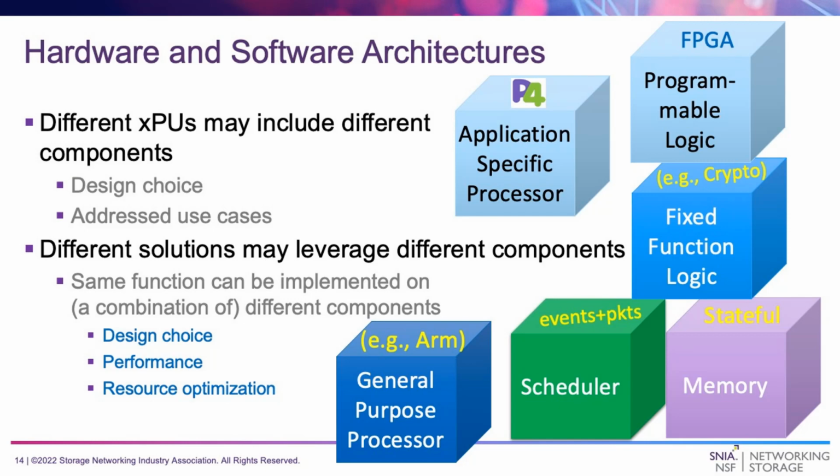So both the hardware designer and the software designer have various options on how to offload network functions. And those options can lead to different performance and also to a different way of optimizing resources.